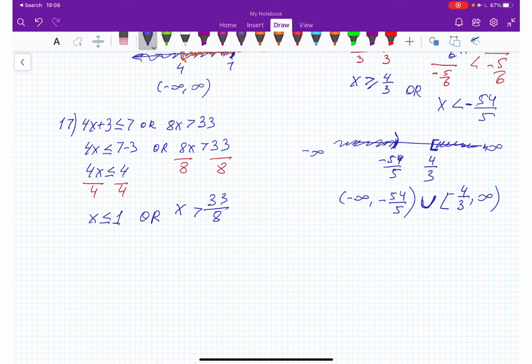So, without graphing, we can say, since less or equal 1, it's going to be from negative infinity to positive 1, right? And then or, since it's greater, the equal sign is missing. It's going to be 33 over 8. Because it's greater, it's going to go to positive infinity.